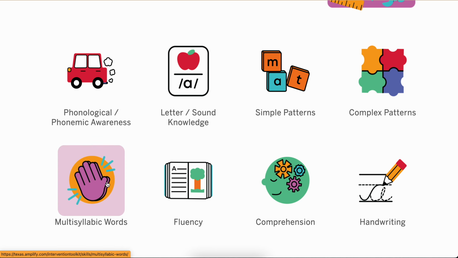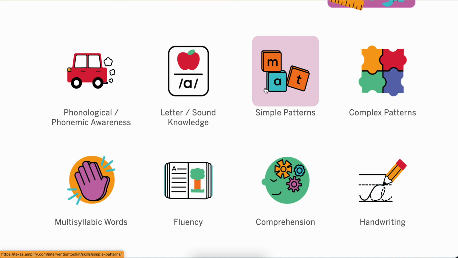Multisyllabic words. This is segmenting and blending words with more than one syllable. Fluency. This is the ability to read a text accurately and automatically with expression. Comprehension. This is the ability to make meaning from a text. And handwriting, to practice handwriting.